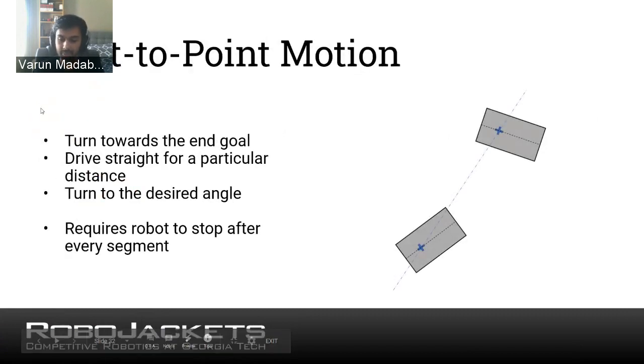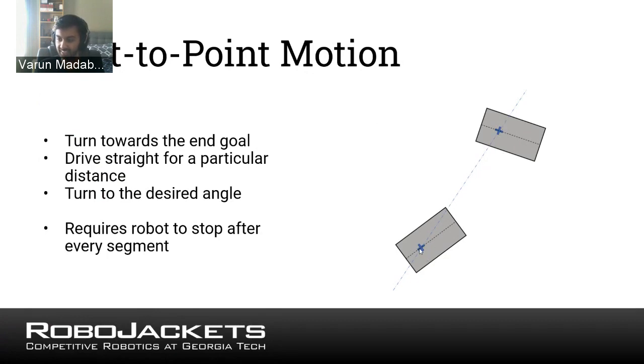PID control is really good for point-to-point motion, which is just the simplest form of making your autonomous program. Let's say that your robot starts in this pose and wants to end at this pose. First, you rotate until you're pointing towards the place you want to be. You could make this rotation using a PID controller. Then you want to drive in a straight line for a certain distance, also something you can do with a PID control.